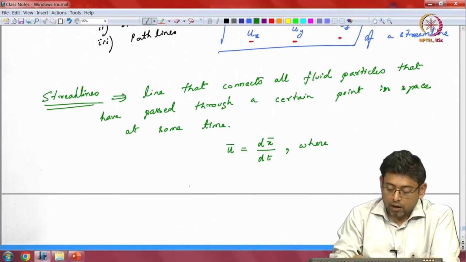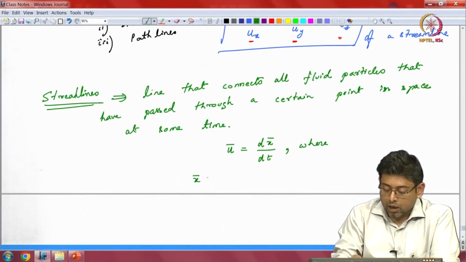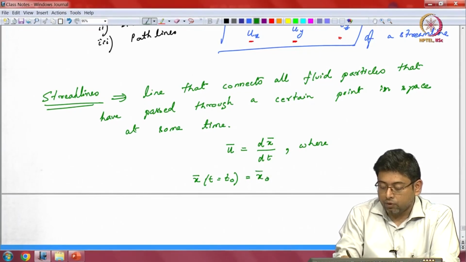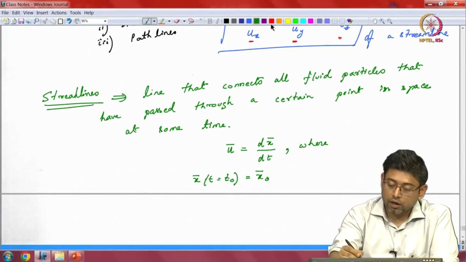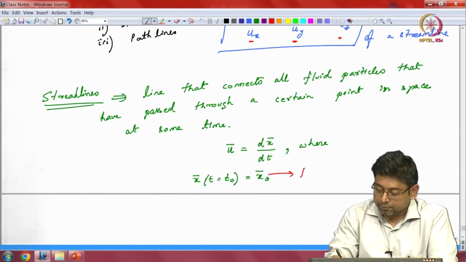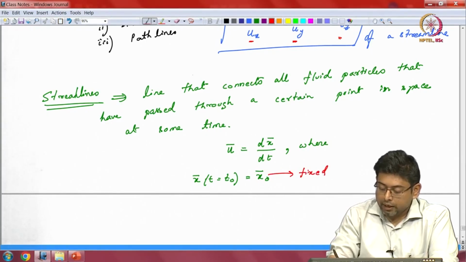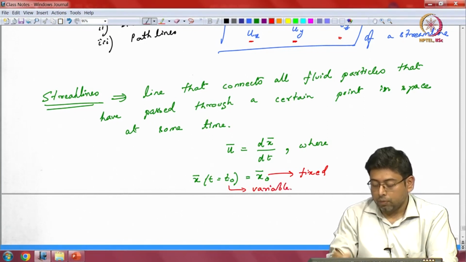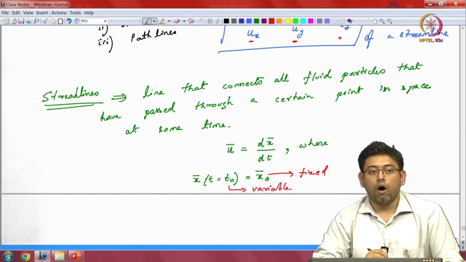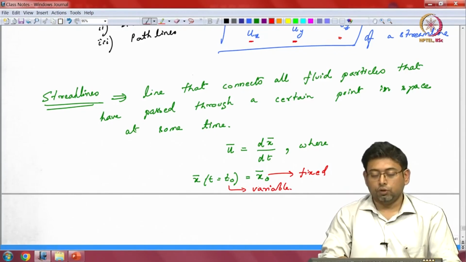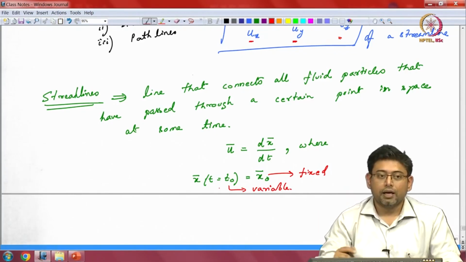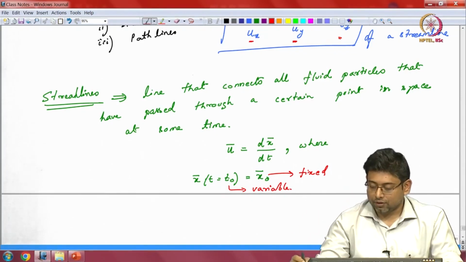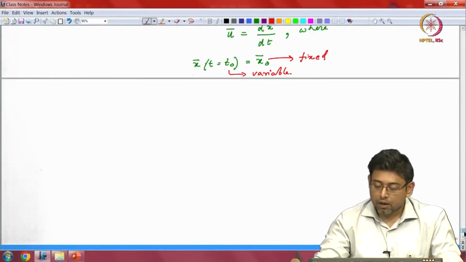So, where your x at t equal to t naught was a specified value called x naught, where x naught is now fixed and t naught is a variable. So, by making t naught a variable, you allow for that particle to have passed through x naught at any given time, either in the past or in the future. Right? So, that is what a streak line is.